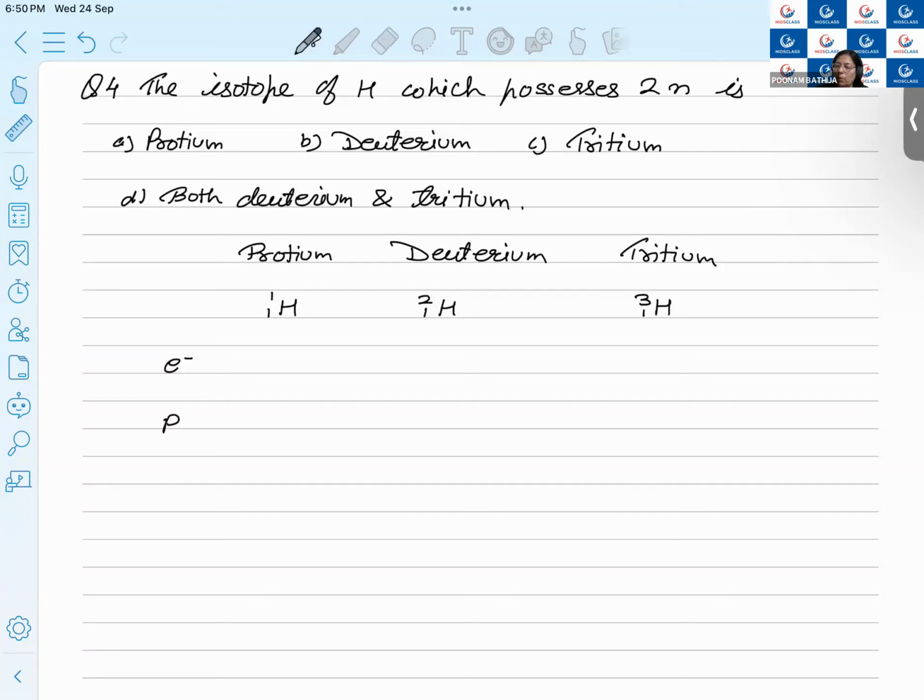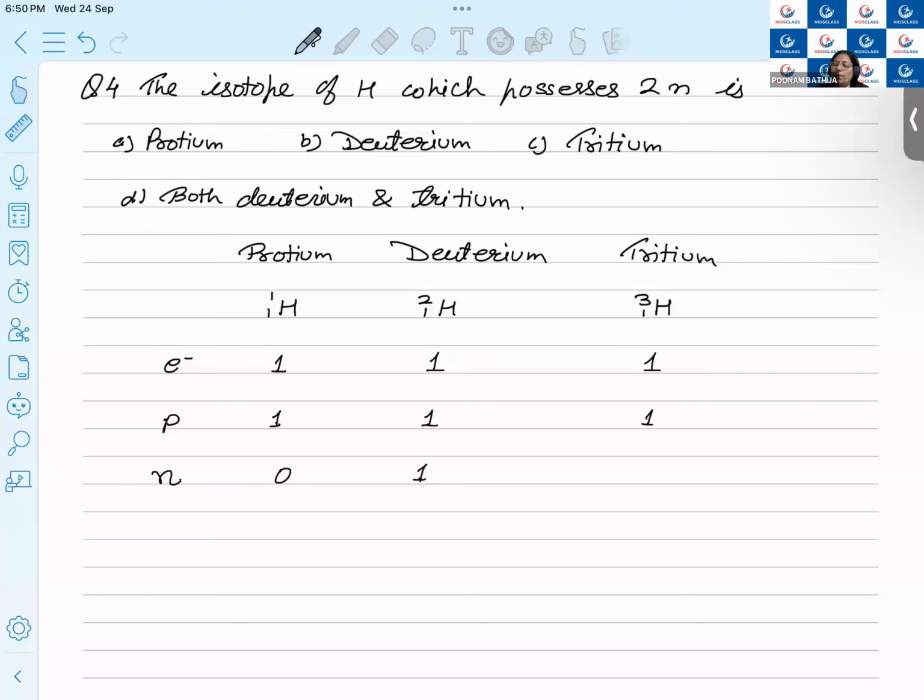Electron and proton remain the same; the difference is only in the number of neutrons. In protium, there is 0 neutron.